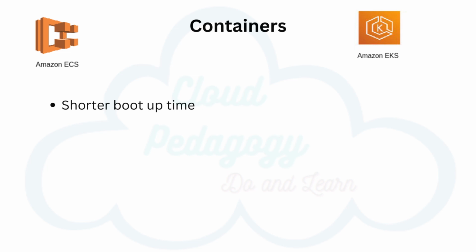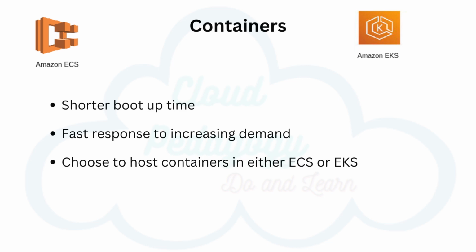So finally, containers have a shorter boot-up time when compared to virtual machines. So if you need super fast response to increasing demand, then containers may be the service for you. You can choose to host containers on top of clusters of EC2 instances as your hosting option for either ECS or EKS.